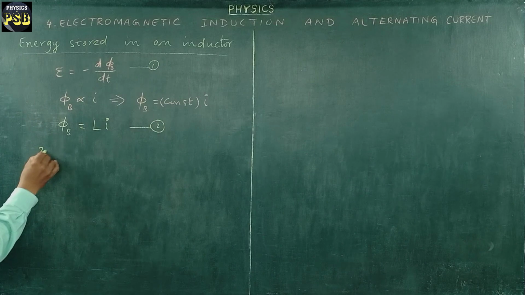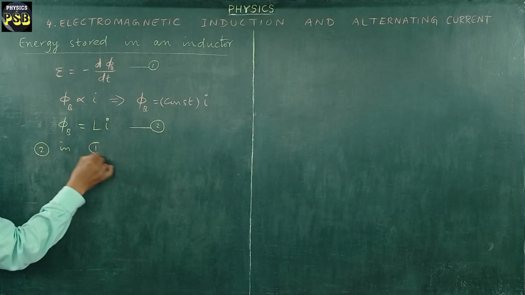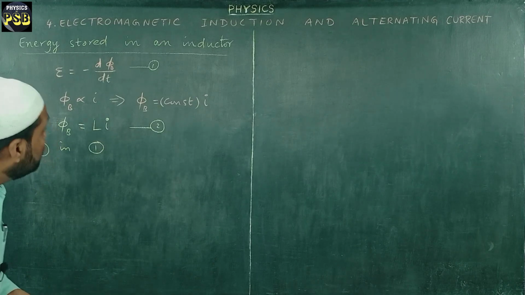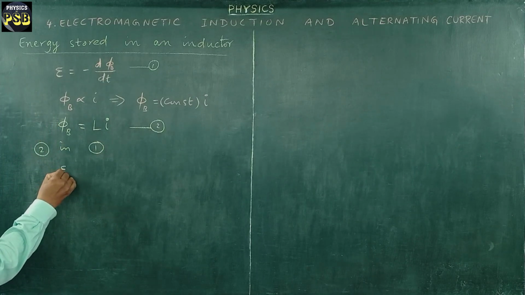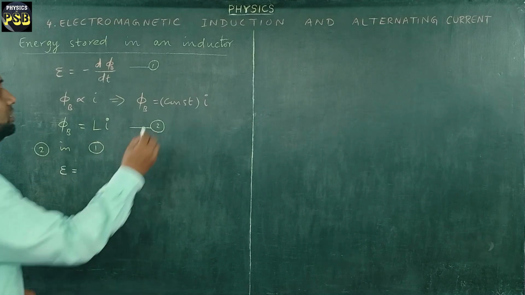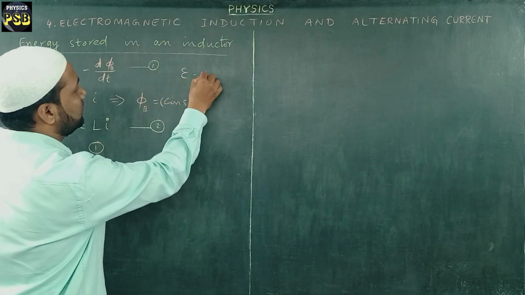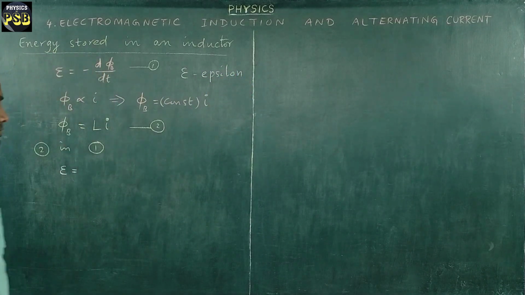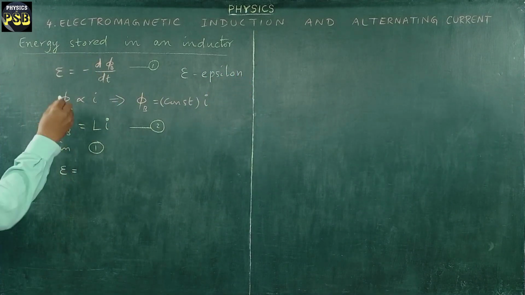I substitute 2 in 1. So what do I get? Then I get a new expression for EMF. I have represented EMF by the letter epsilon, which represents the EMF induced in the coil.